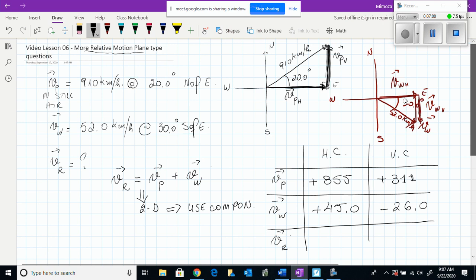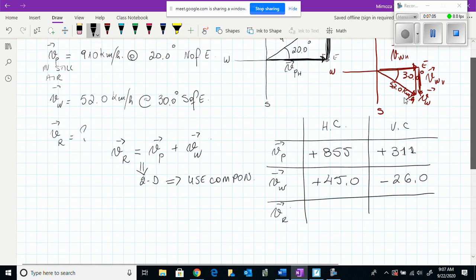And now, as we have done on every vector problem, we will add the horizontal components and add the vertical components. So 855 plus 45 is positive 900. And for the vertical component, 311 minus 26 is positive 285.